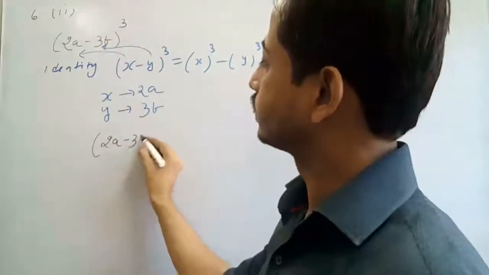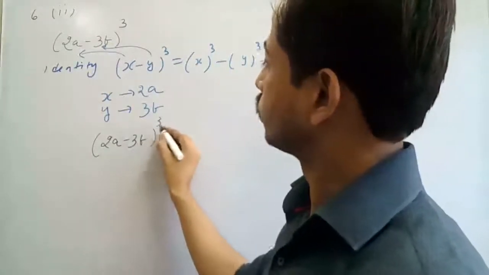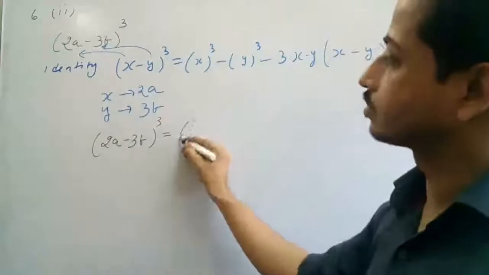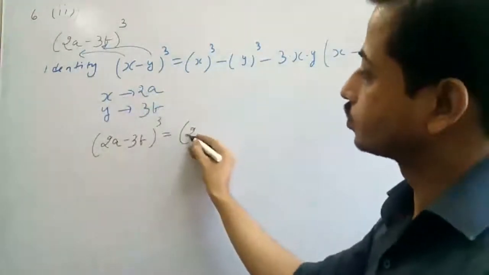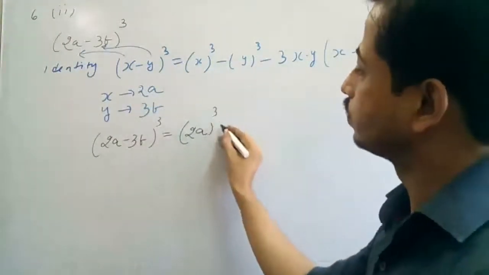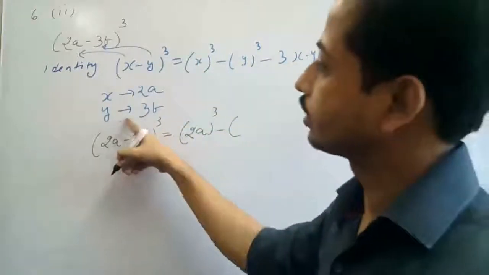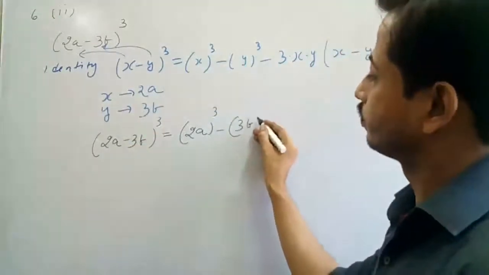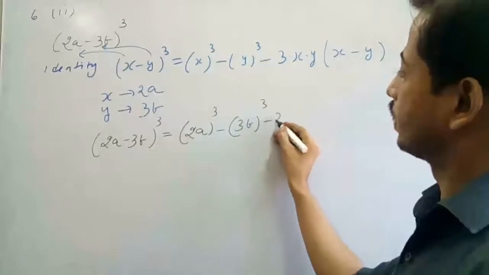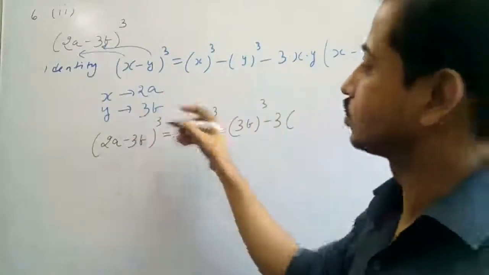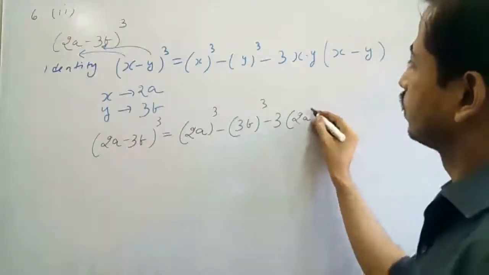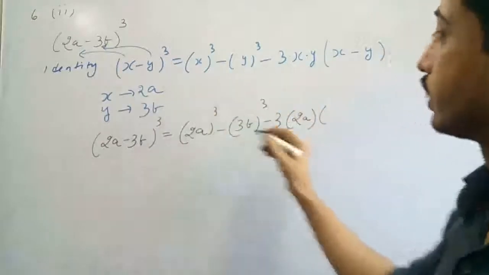(2a minus 3b) whole cube is what? x is what? 2a. So I am writing (2a) whole cube. Now y. y is what? 3b. Now minus 3 into x, which is 2a, and y, which is 3b.